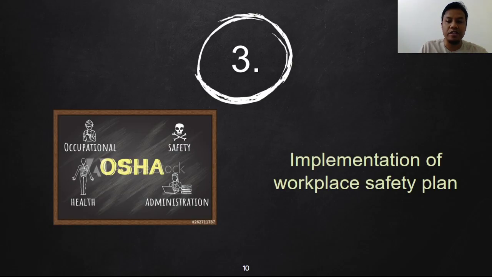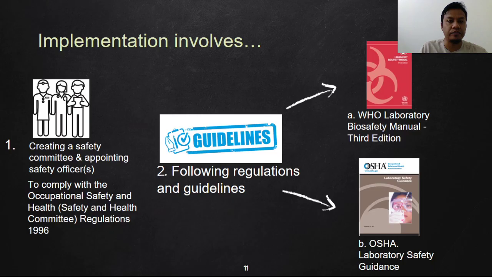Third, implementation of the workplace safety plan. Implementation involves two main requirements. First, by creating a safety committee and appointing safety officers. These are the people in charge of implementation and day-to-day management of the safety programs for the lab.